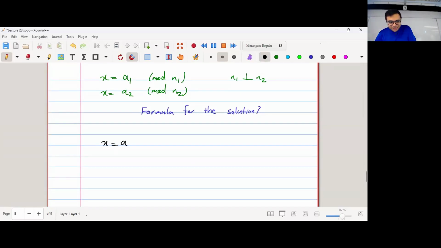Suppose that I have x is equal to a1 modulo n1 and x is equal to 0 modulo n2. What would you do? What is the solution here? Just find the solution for this and then find the solution for the opposite case where the first one is 0 and the second one is not 0, and add them together.